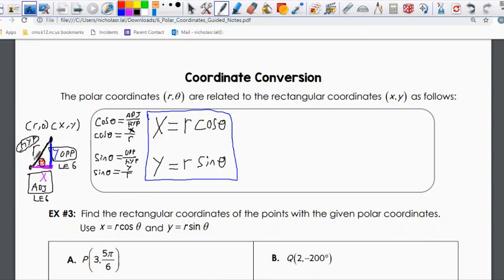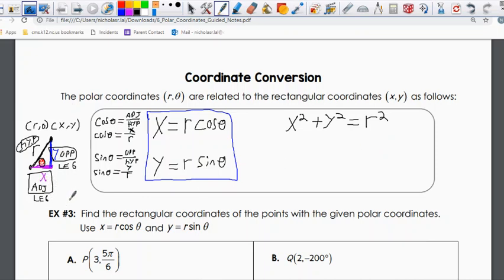And with the Pythagorean theorem, we can say the leg squared plus the leg squared is equal to hypotenuse squared. So with this right triangle, this polar coordinate, we can say that x squared plus y squared is equal to r squared. That's true when you're coming from this right triangle.